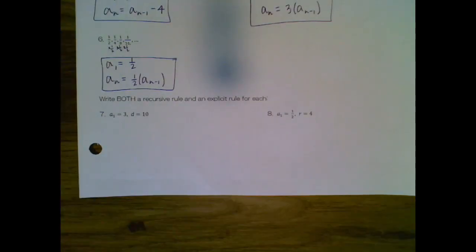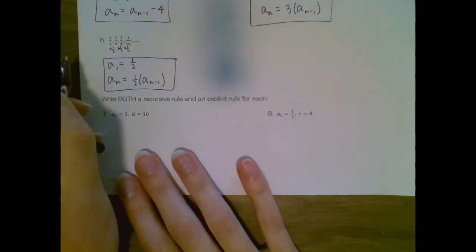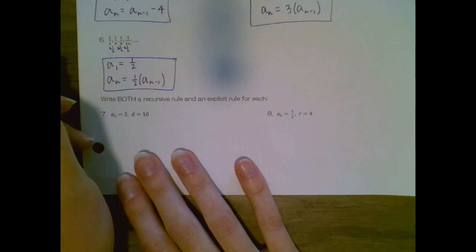Now, we are going to write both a recursive rule and an explicit rule for each. So, the explicit rules are the arithmetic and geometric sequence formulas, okay? So let's start with, well, let's first see, do we need to get a sequence going here?